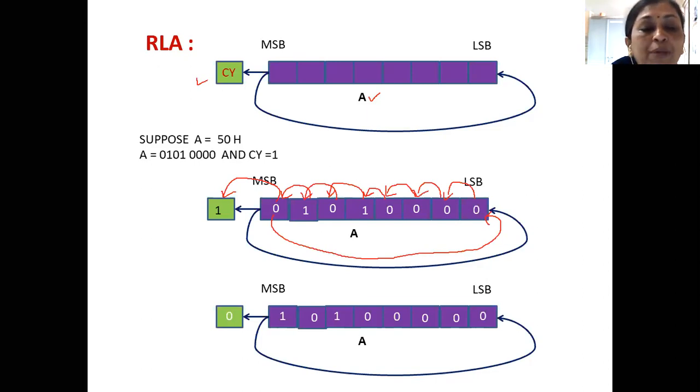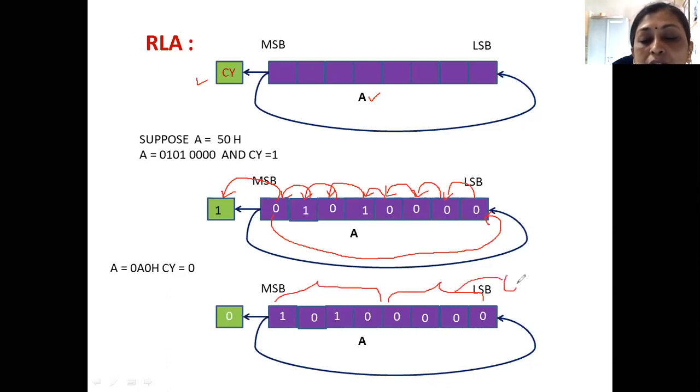Now, what will be the contents of the accumulator register and the carry flag after execution of the RLA instruction? Initially, suppose A has 50H and CY has value 1. Then after execution of the RLA instruction, you can observe what the accumulator contains. Here, this forms one nibble and this forms another nibble.